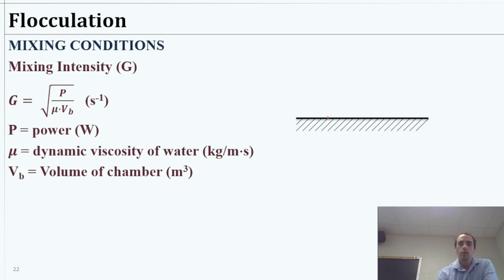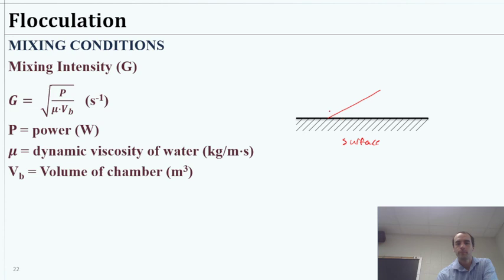But for the moment, we really just want to think about the mixing intensity. This is called G. This is essentially a gradient of how fast water is moving next to a surface. So if this is a surface, particle or side of a basin or something, and we have velocity here, I'm drawing this probably backwards.